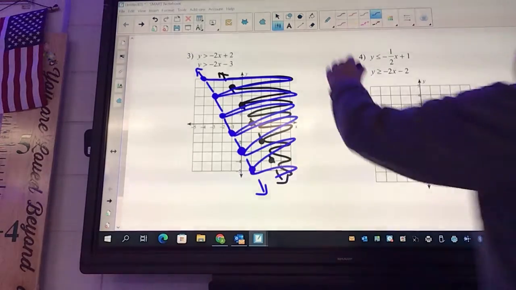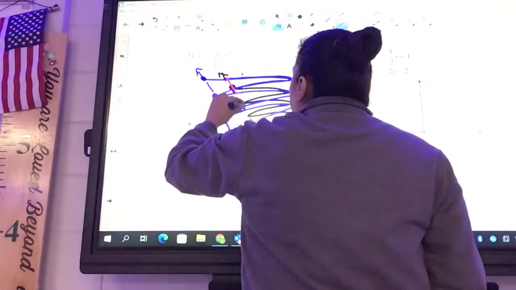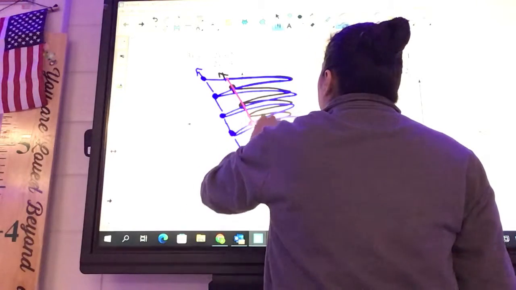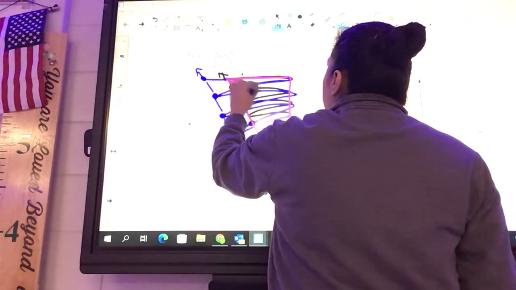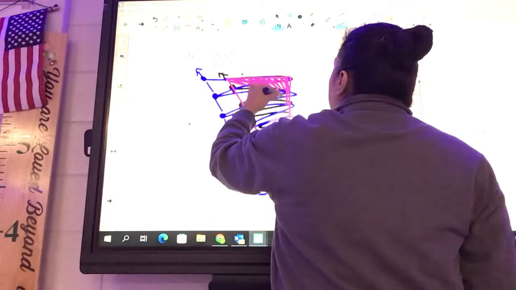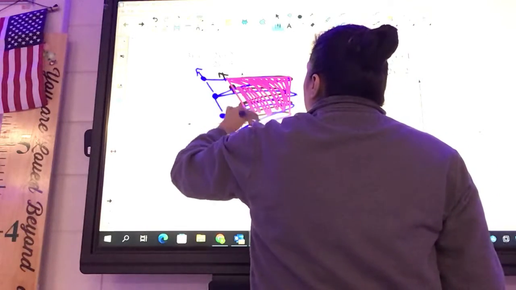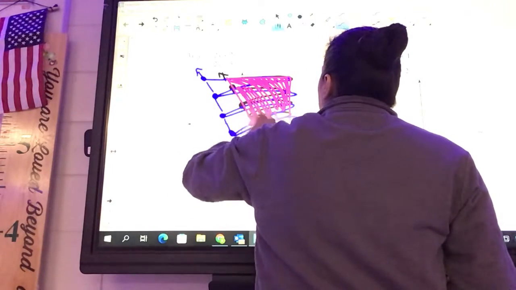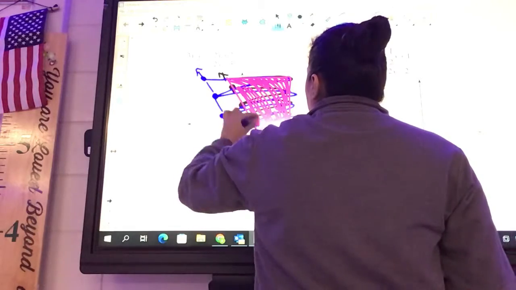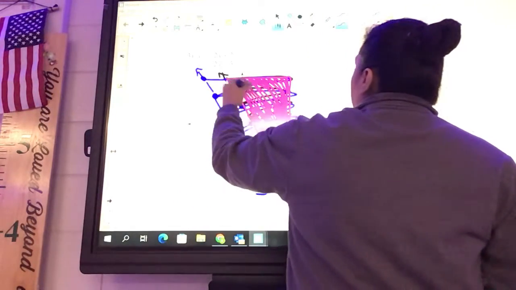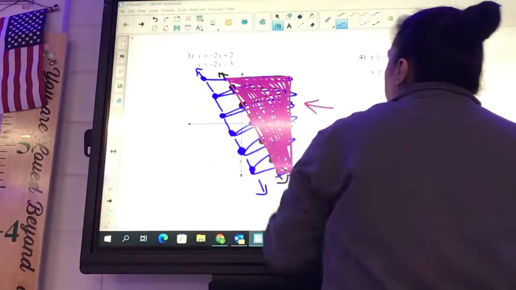Okay, so everything from here is going to be your answer. This part should be shaded nice and dark. Okay, that's my solution area.